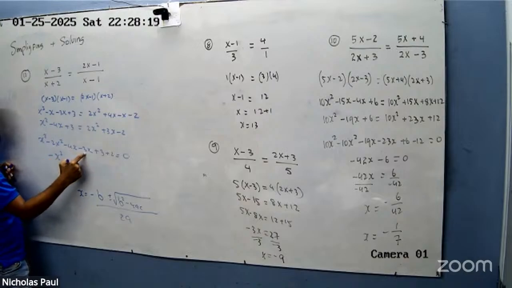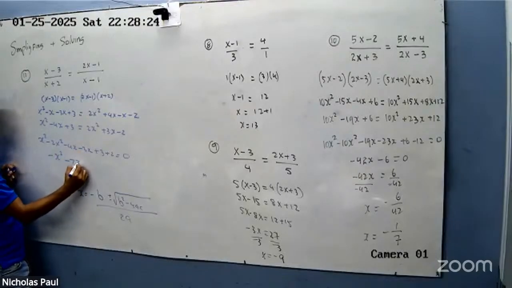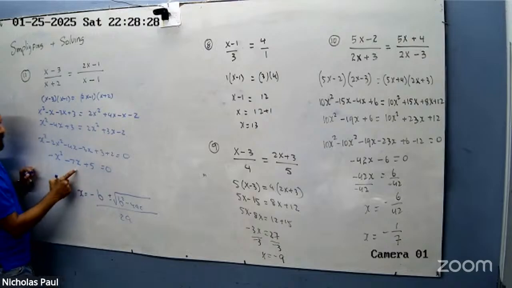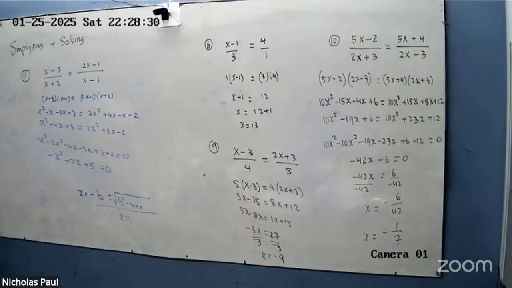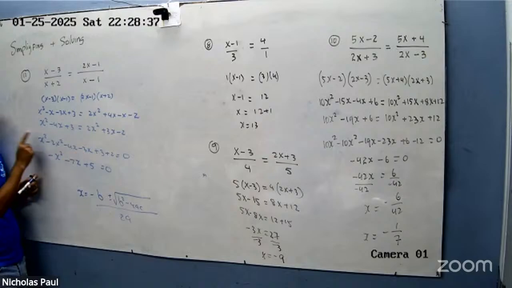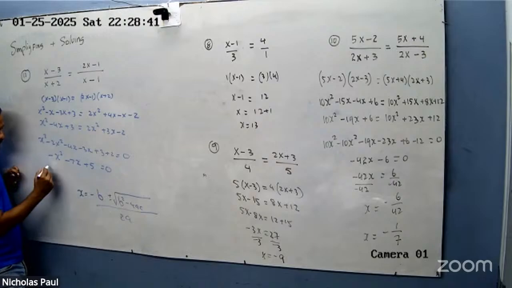Minus 4x minus 3x is minus 7x. 3 plus 2 is 5. Anybody get this last line there? Yeah? Right? Just check back the value. It should be 7. So these are minus, it should be a minus. Okay? Now, you have to figure out what a, b, and c are.